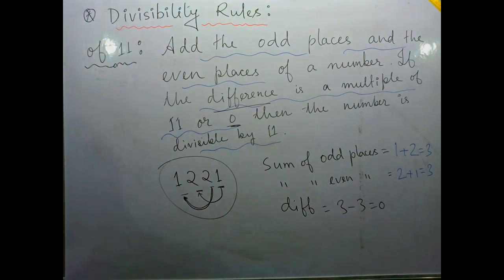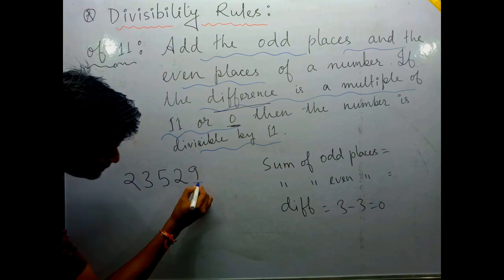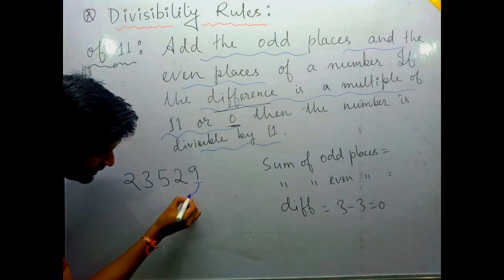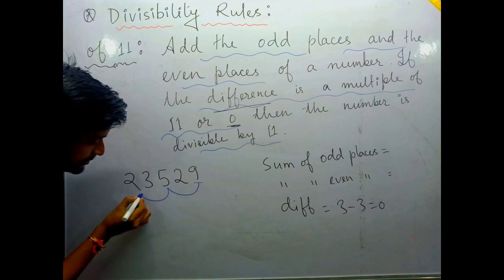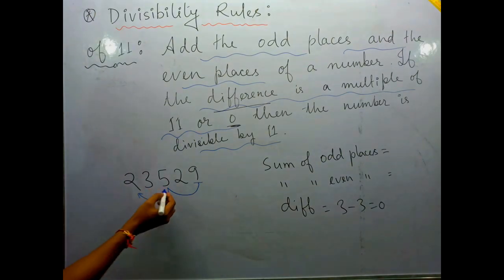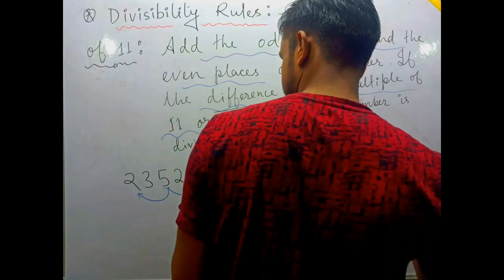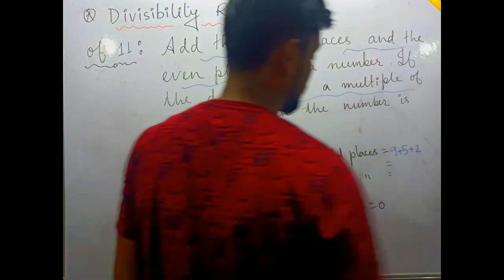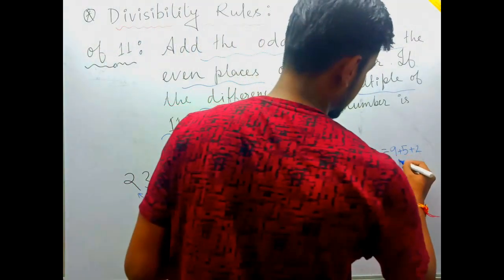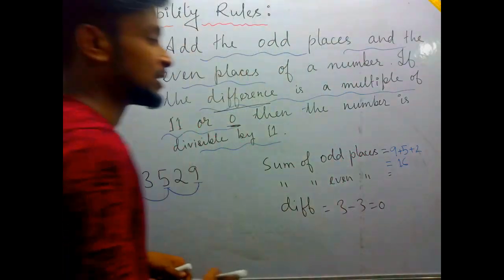Let's take some more examples. Let's see which are the odd places here: first place, third place and fifth place. First, third and fifth are the odd positions. So we add: 9 plus 5 plus 2, we get 16.